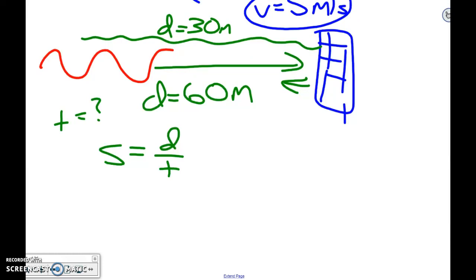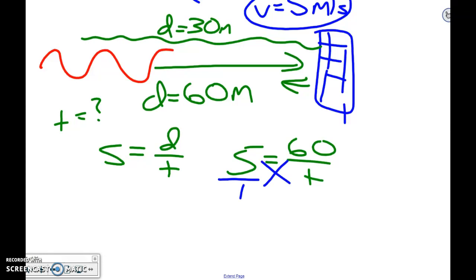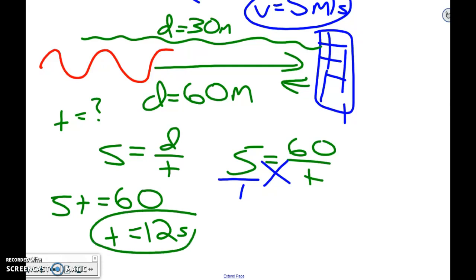So in this case here, 5 equals 60 over t. And even though you guys are getting very good in your math, I still recommend, if you guys are ever stuck, just cross multiply this. So you get 5t equals 60. And in this case, t would be 12 seconds.